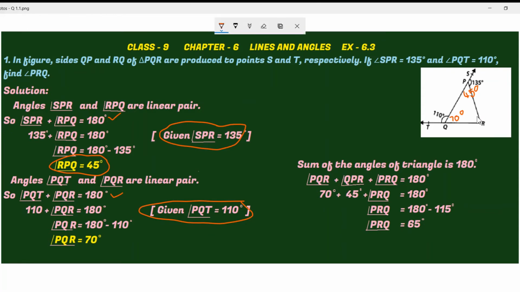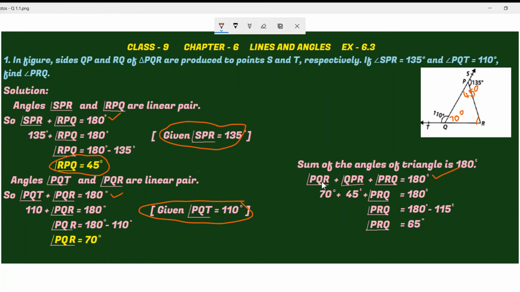Now we can find this angle R by using the angle sum property. We know the angle sum property is that the sum of all the interior angles of a triangle is 180 degrees. So angle PQR plus angle QPR plus angle PRQ is equal to 180 degrees.